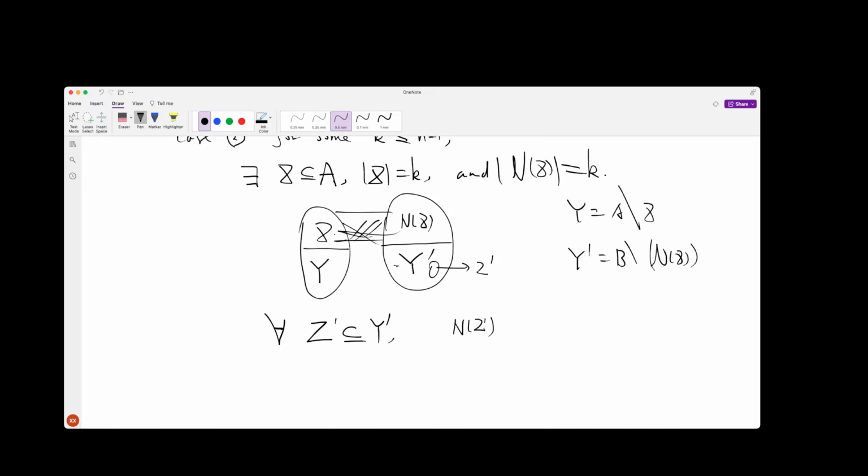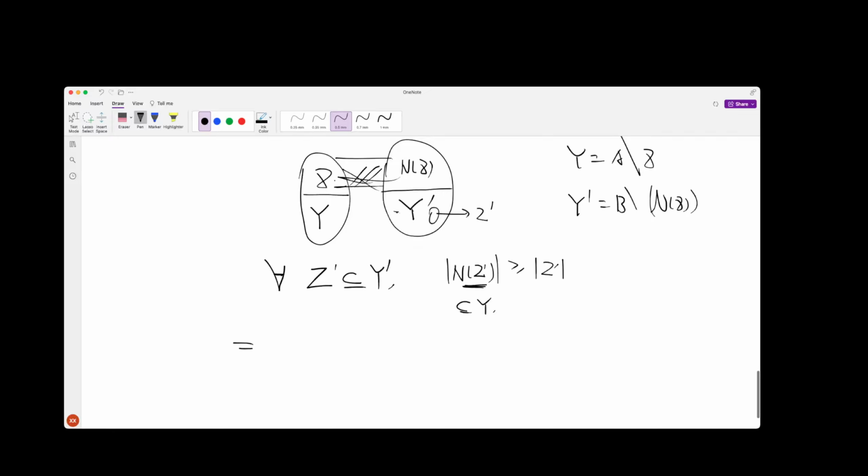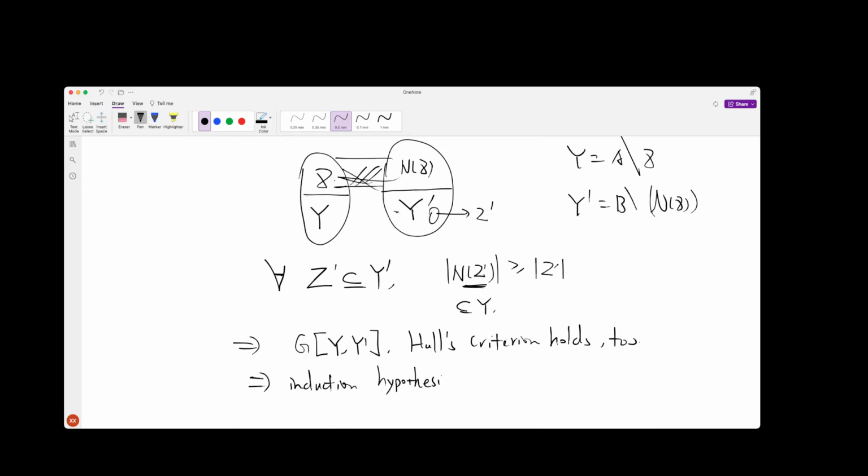By the original Hall's criterion, this is greater or equal than the size of Z prime. So this means that in the bipartite graph between Y and Y prime, Hall's criterion holds too. So by induction hypothesis, we know that there exists a perfect matching here. All right?